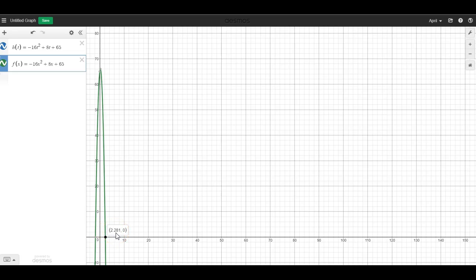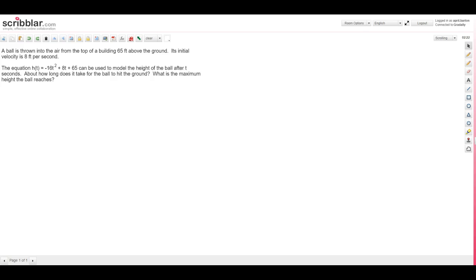We have to decide, is this the time or is this the feet? Well, our x values or our t values, we had to replace one or the other to get it to graph. T values stood for time, so this x-axis or this t-axis, that's actually our time, 2.3. So the ball takes 2.3 seconds to hit the ground.